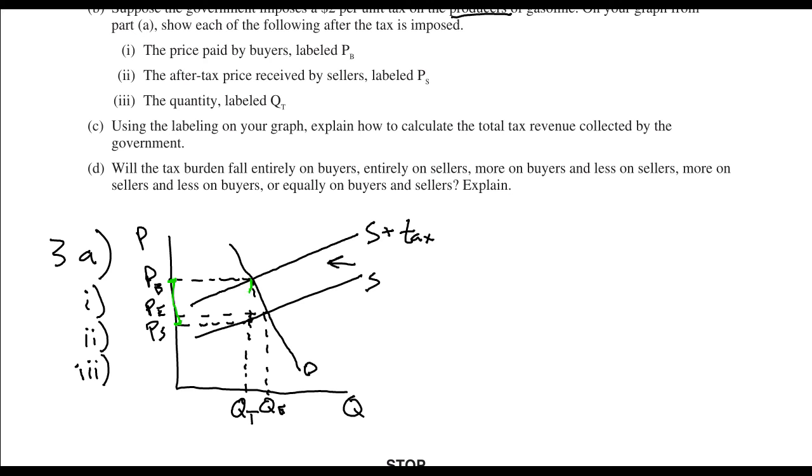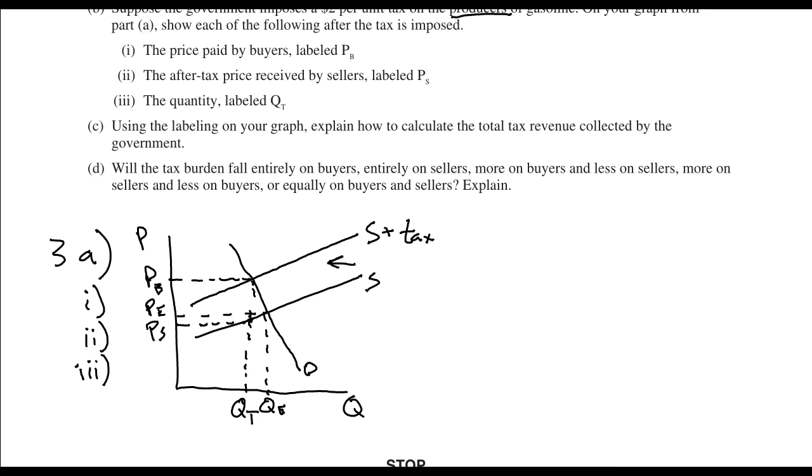That's how much we shifted this thing up by, and this is the quantity that's being sold. So the area of this rectangle right there is the amount that the government is actually receiving in tax. So now I'm going to erase those things because it doesn't actually say to highlight it and draw it on there or anything.